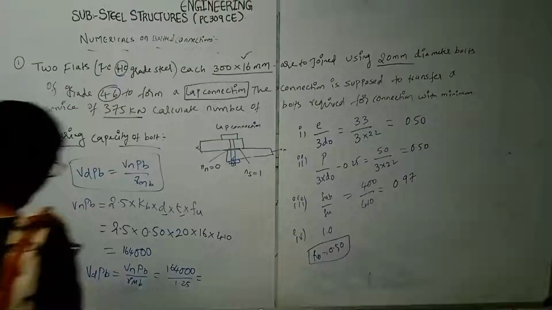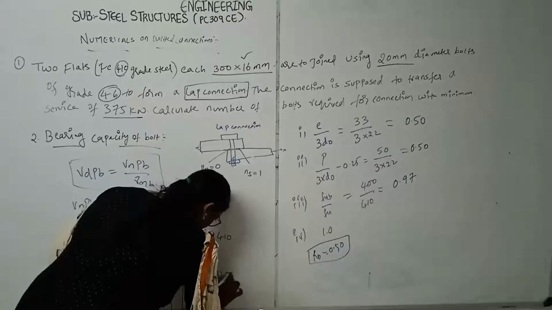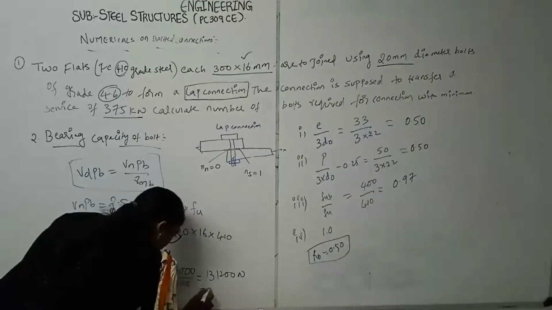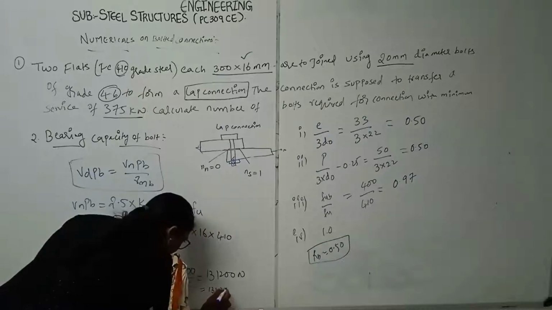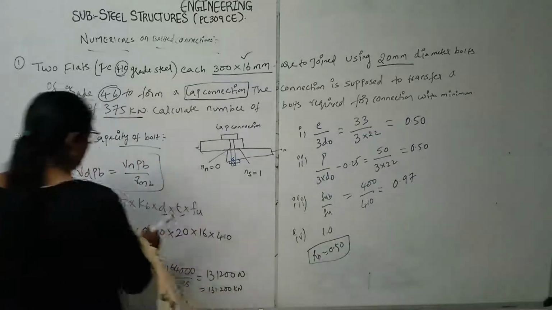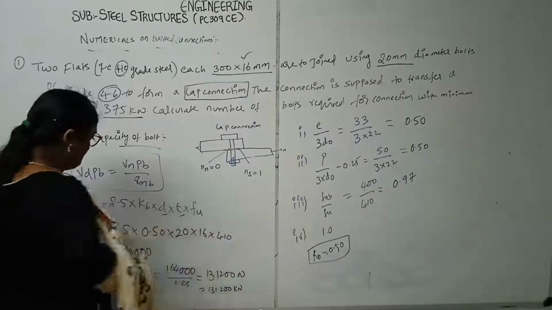The value which we have got here is 131,200 Newton, so that will be 131.200 kilonewtons. Here this is in mm, this is in mm, this is in Newton per mm square.